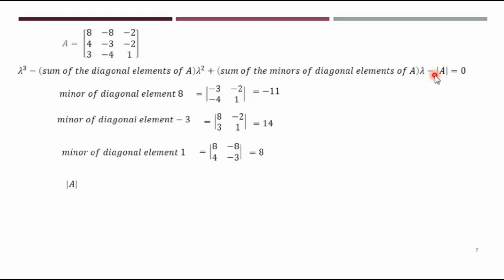Do you know how to calculate the determinant by using calc? Otherwise do it directly, manually you can do it. 8 into (-3 into 1 minus of -4 into -2), then plus 8 into the normal determinant.